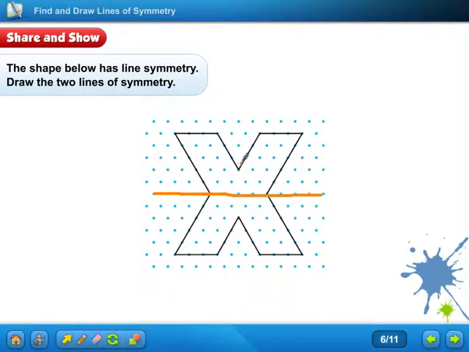Would that work? This would come down here and match up with that. That would match up with this. And this side would match up with that side. So that would work. What if I folded it vertically? Would that work? Yes, it would. So there's the 2 lines.